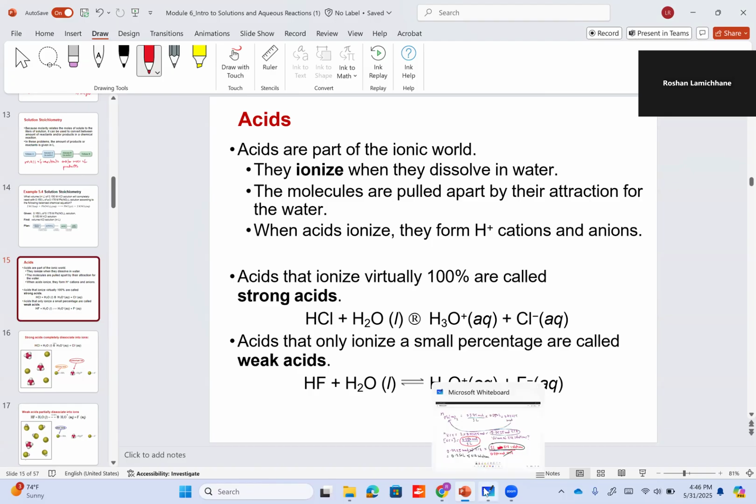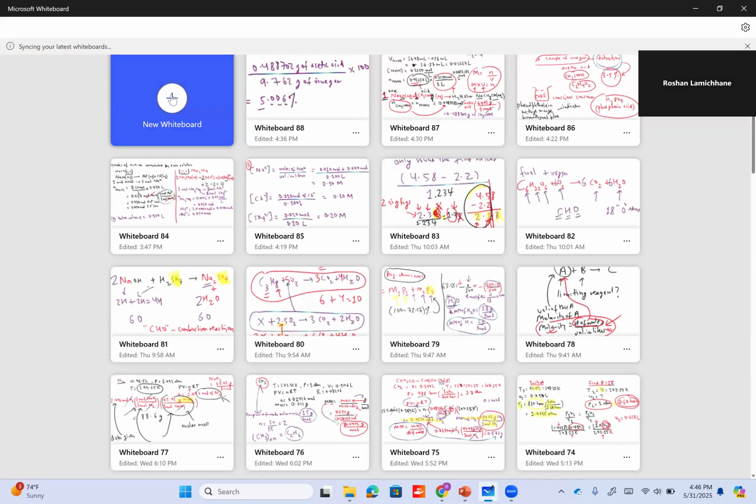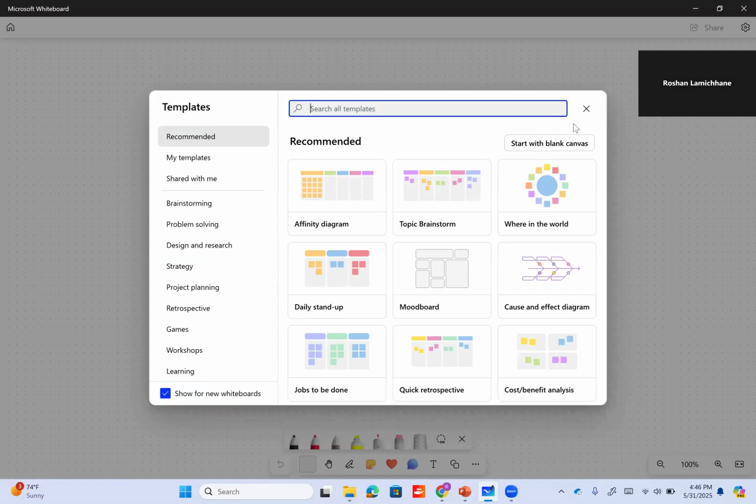For example, if you have an acid, I'm just going to call that acid HX. When it dissolves in liquid water, it ionizes, meaning this and this part separate.